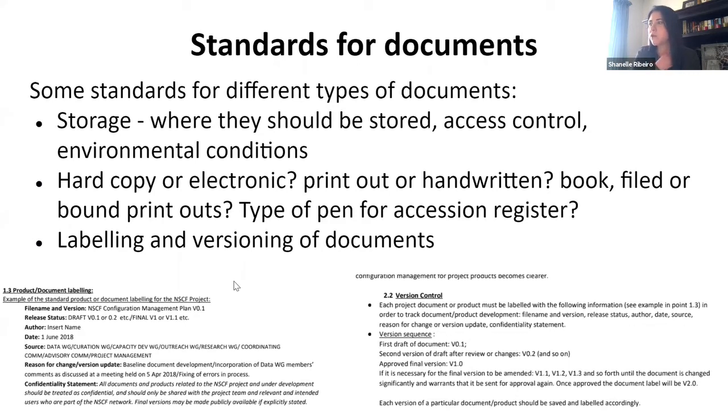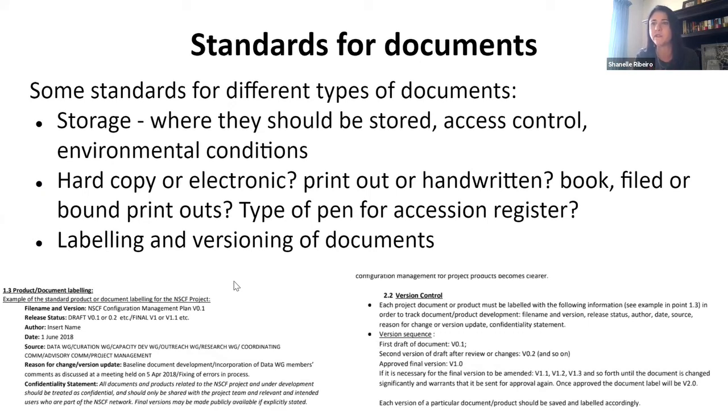So we thought that we could give a small tutorial on developing labeling and versioning standards if people are interested. But I've just taken a screen grab of the NSCF labeling system or standards at the bottom of the page there. So it does give an example of how to label each document, the file name and version, the release status.